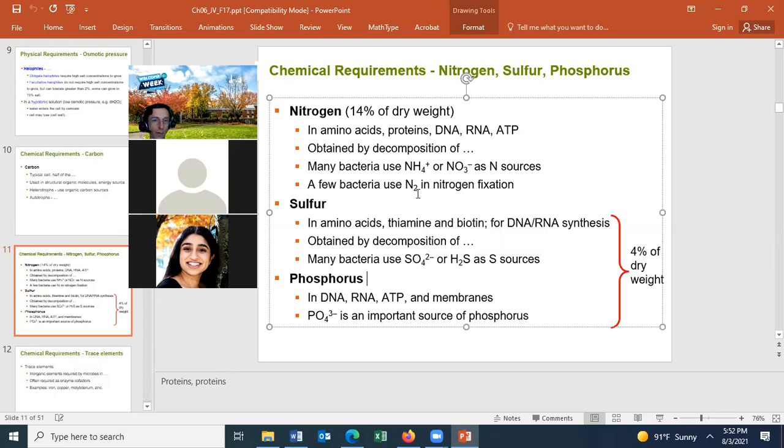Phosphorus, another chemical requirement of all living cells. We need phosphorus for making DNA, RNA, ATP, and then phosphorus is needed in the cell membranes and other membranes because it's a part of phospholipid. For most bacteria, they will get their phosphorus needs from phosphate, an important source of phosphorus.